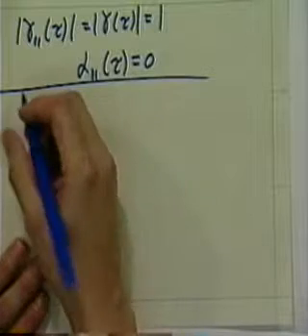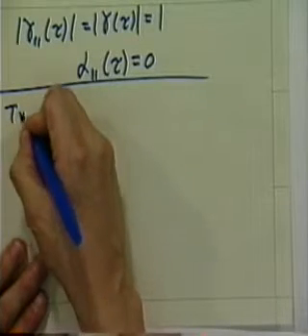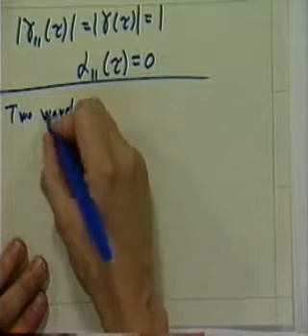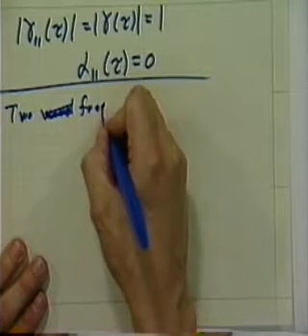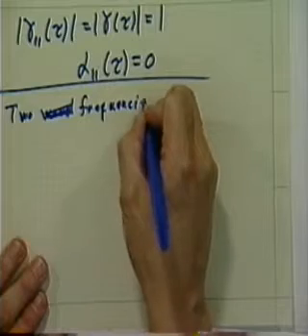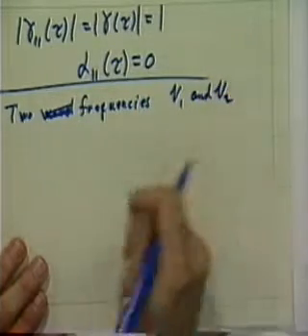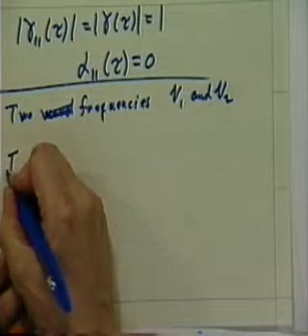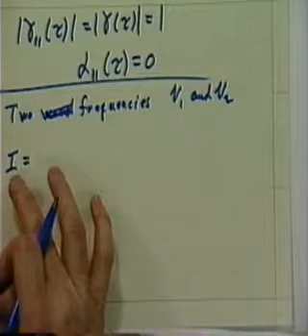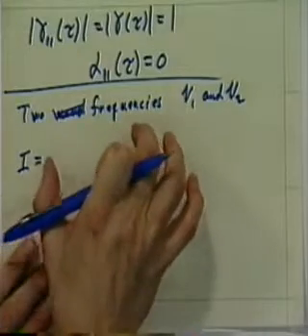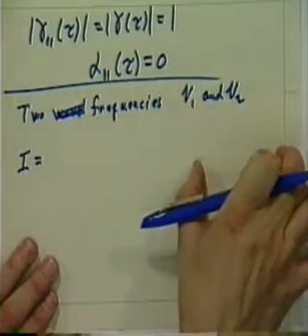So in other words, what I can do here, if I want to go to the second example, which is going to be more exciting than the first example here, is that let's say I have two wavelengths, or two frequencies, maybe I should say, nu 1 and nu 2. I can write the intensity, or irradiance, as a sum of the irradiance for one frequency and the irradiance for the other frequency.